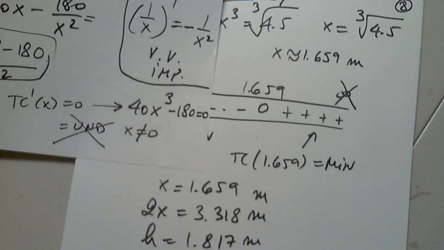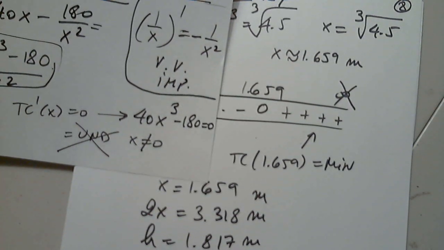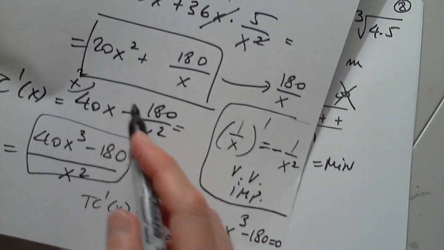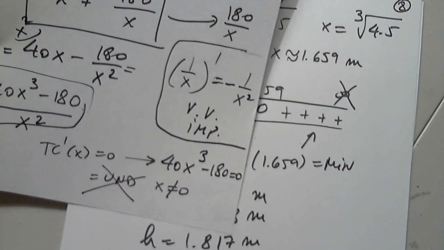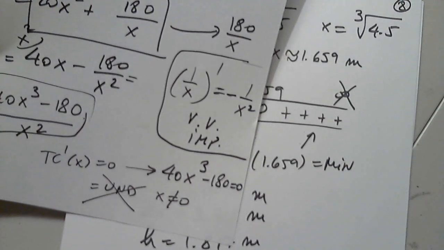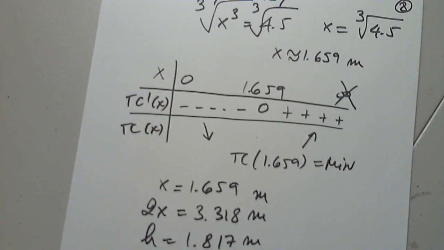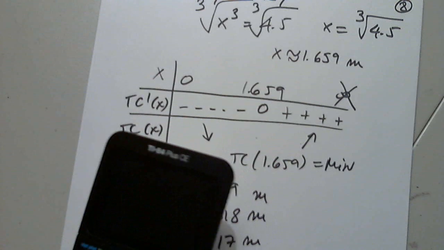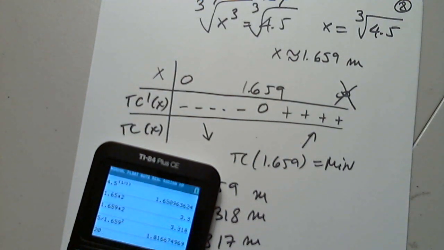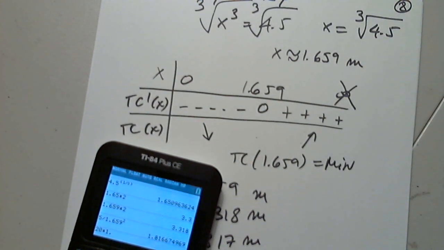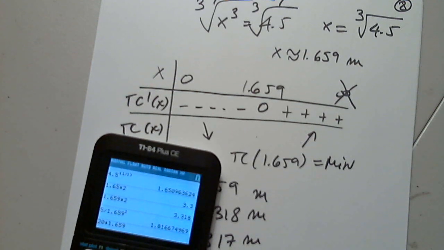So TC of 1.659 is 20 times 1.659 squared plus 180 divided by 1.659.